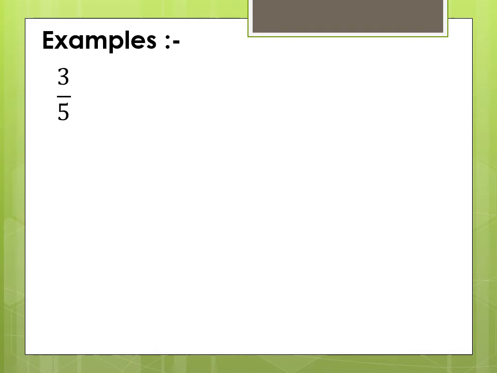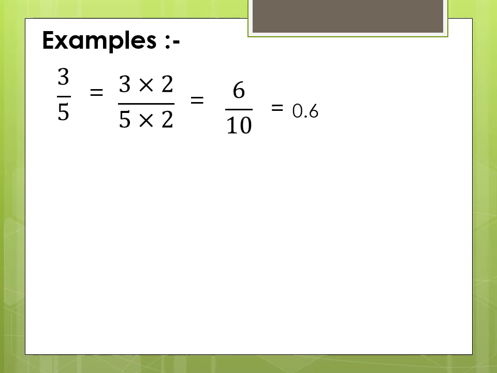When multiplying the denominator by 2, we must multiply the numerator by 2 also. 5 times 2 equals 10 and 3 times 2 equals 6. So it becomes 6 over 10. I can write it as a decimal number: 0.6 or 6 tenths.